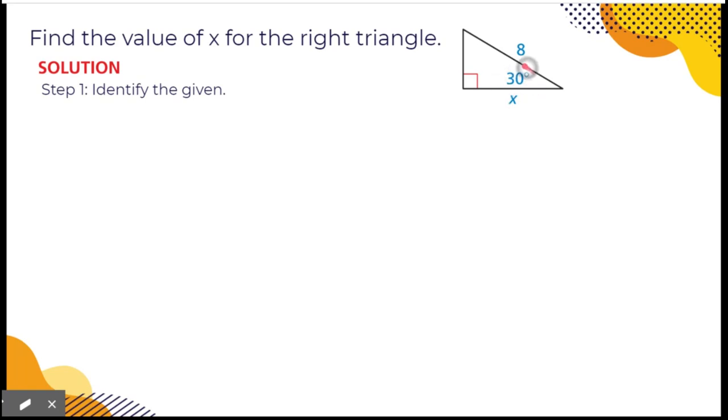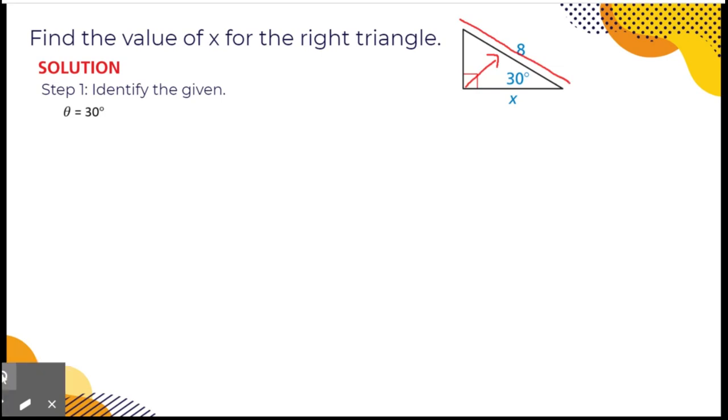First, we do have an angle measurement here, so we write that as our theta. Theta is the angle measurement which is equal to 30 degrees. Another, we do have a value of a side opposite to our 90-degree angle, which is the longest side, our hypotenuse.